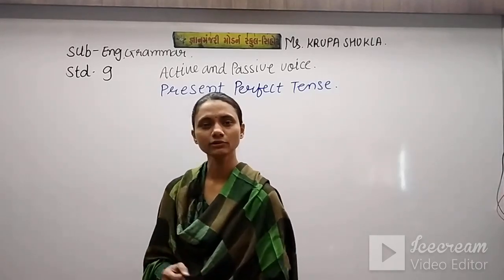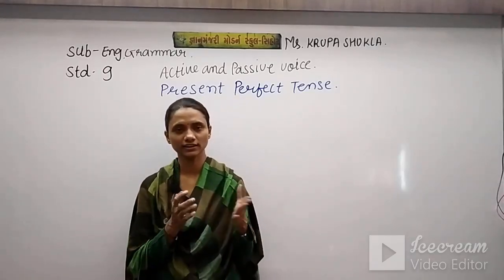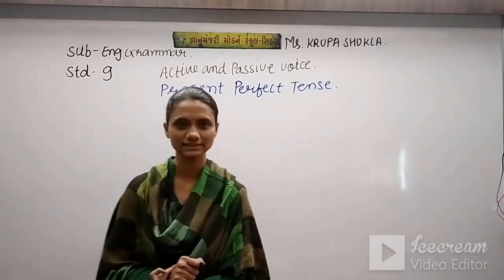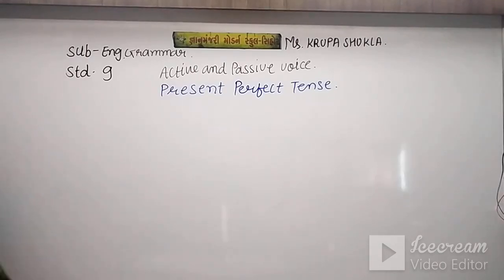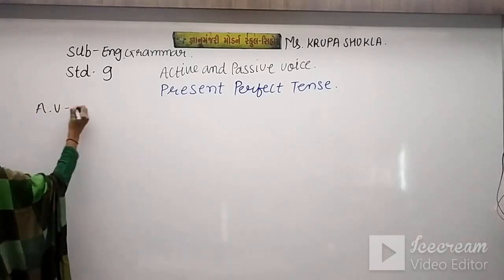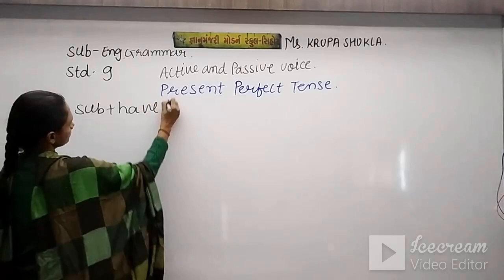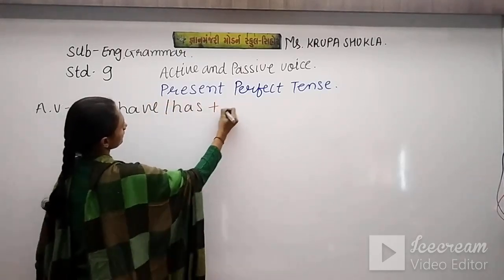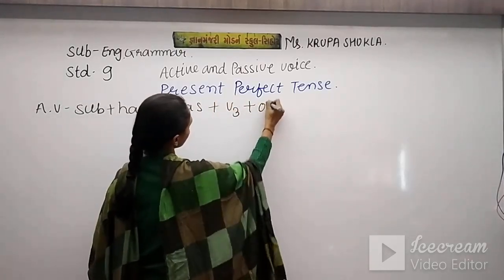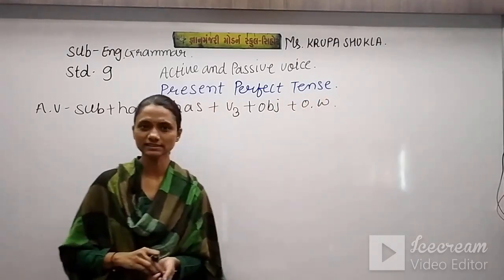Before that, I'll give you the active construction and how to change active into passive. First of all, active: subject, have and has, V3, object, OW, it means other words.